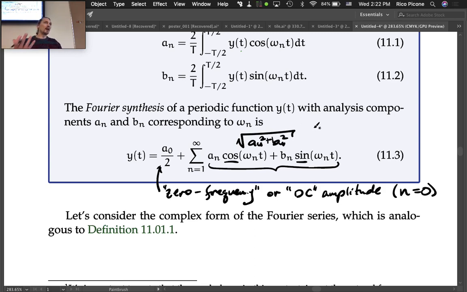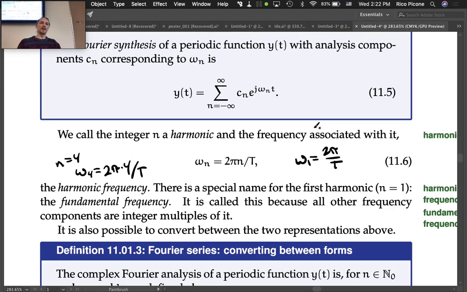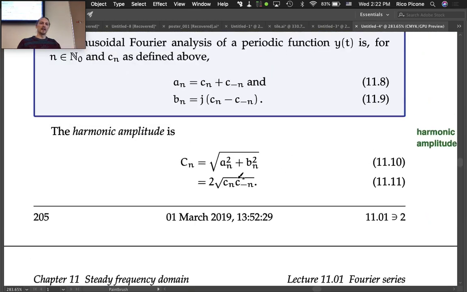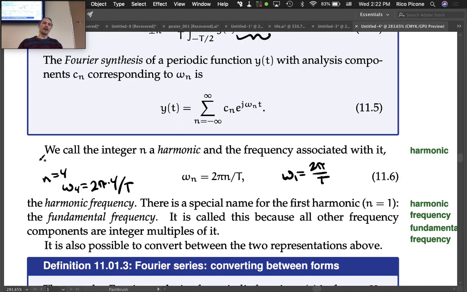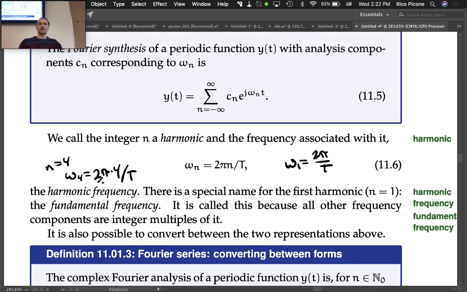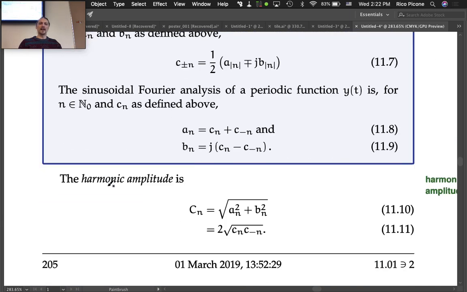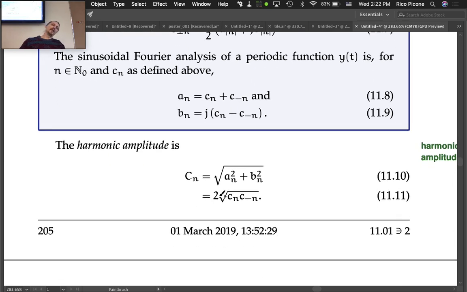So we define it as the harmonic amplitude C sub n. So we have a harmonic n, a harmonic frequency omega n, and then the harmonic amplitude is capital C sub n. And if you have the complex form, this is how you do the conversion to the harmonic amplitude.